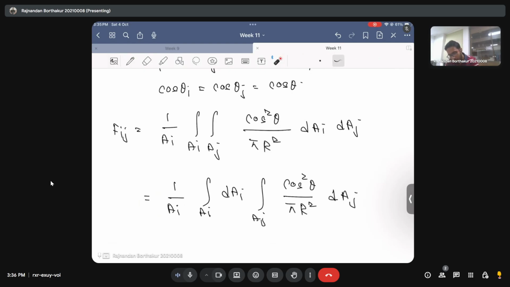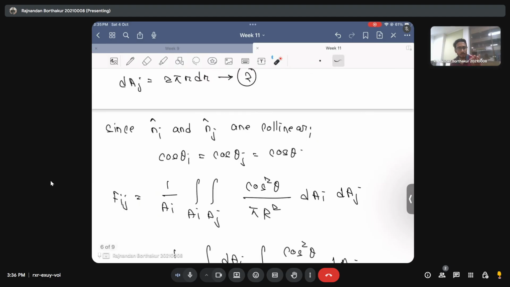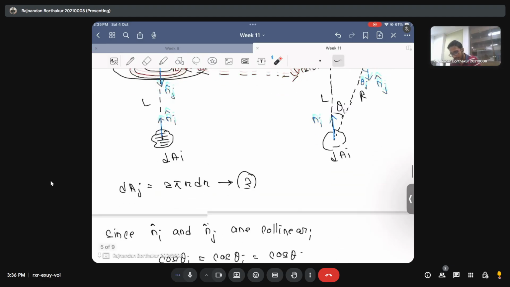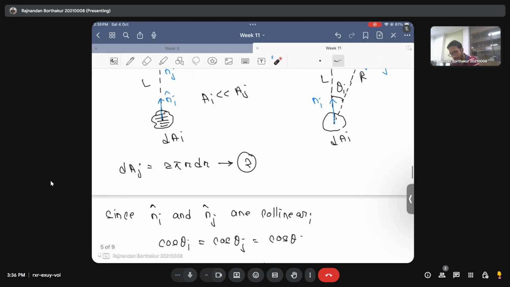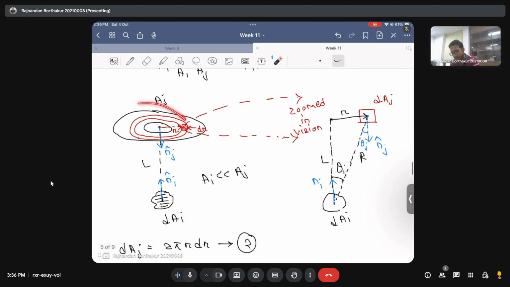The reason I can do this is because dAi, the area which is emitting radiation, is a differential area, which means that Ai is much less than Aj. That's what they have said, meaning this is a differential area that we can consider with respect to the area of this entire disk.